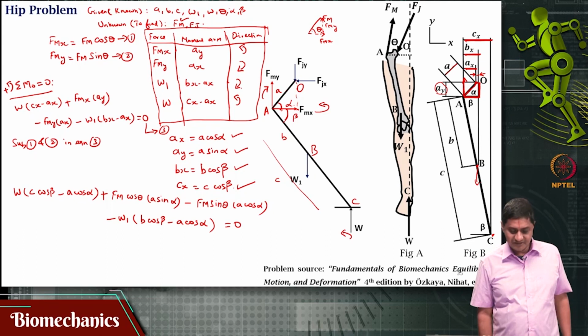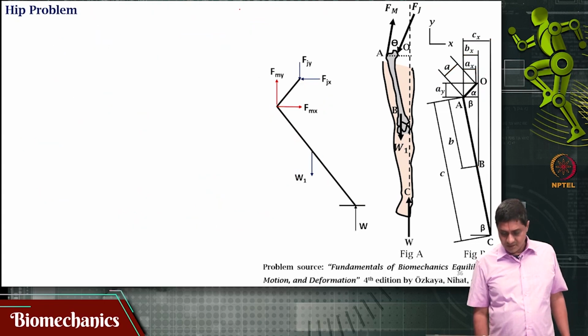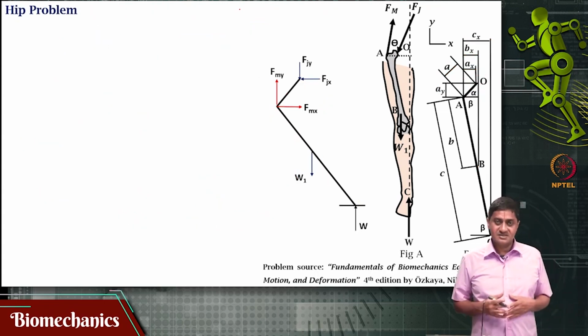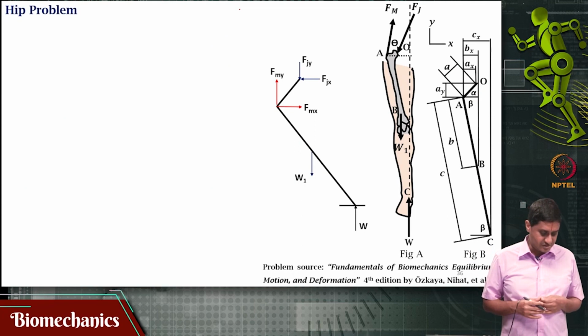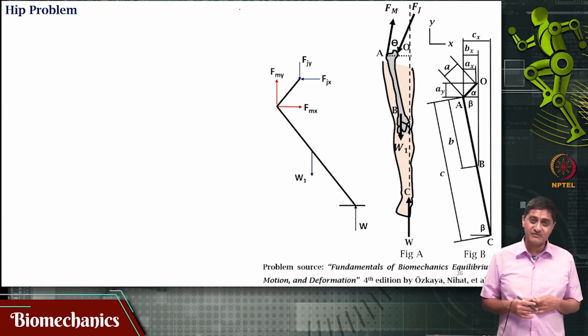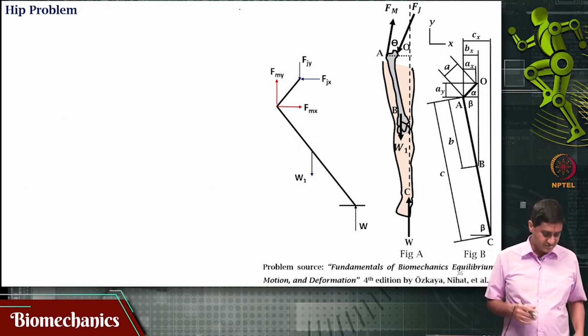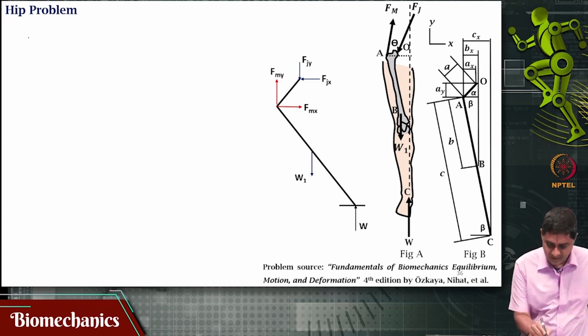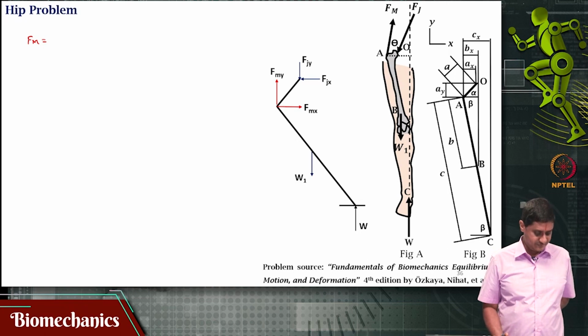Now, after some algebra, I request you to please do this algebra. After some simplification, isolate Fm, separate Fm from the rest of the equation and find the expression for Fm in terms of all of this. What would that be?